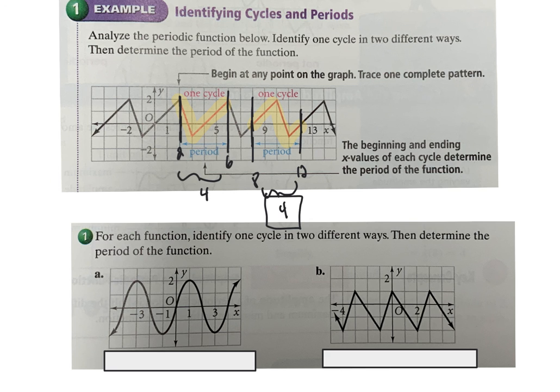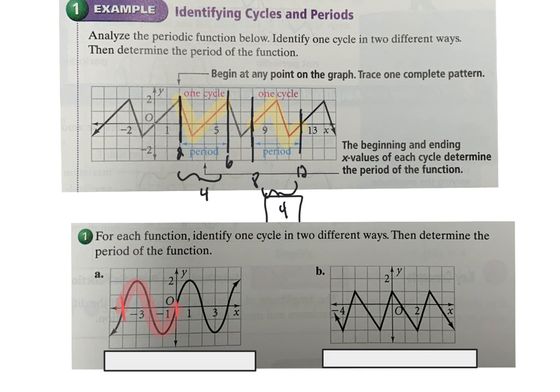So you could have done the cycle multiple ways. Let's say we did the first one from this little loop right here. That's a complete cycle. It starts, goes up, all the way down and back up, and we're back where we started. If we did that one, we would have started at -4 and gone to 0.